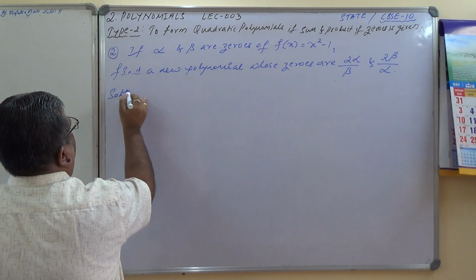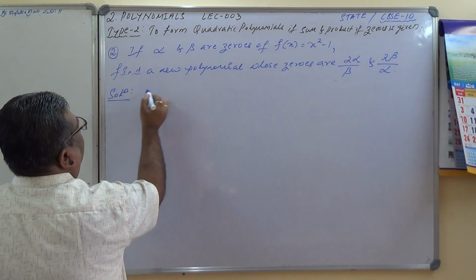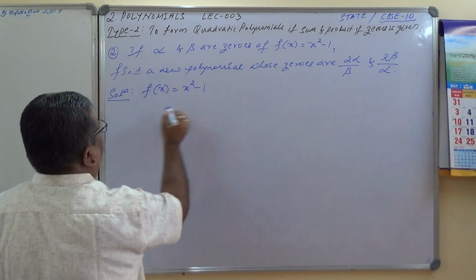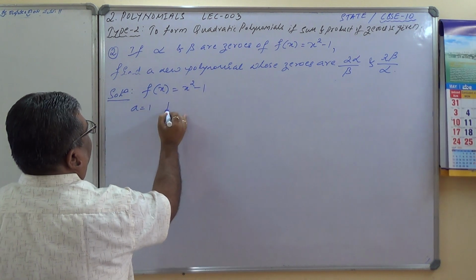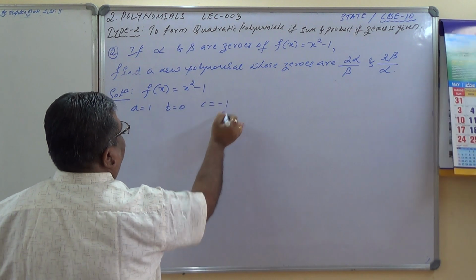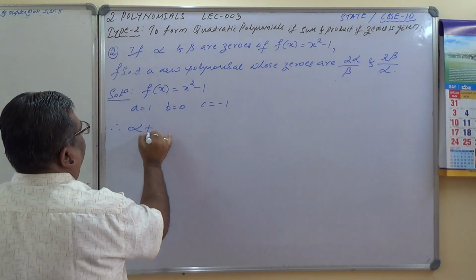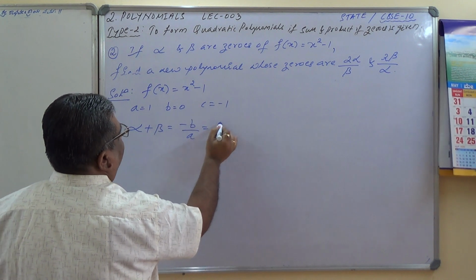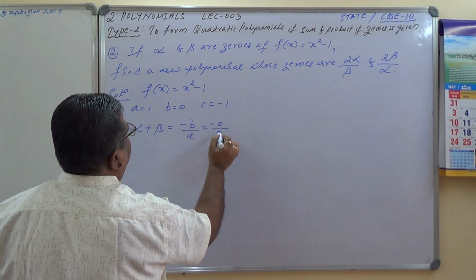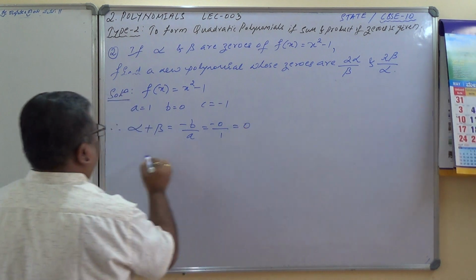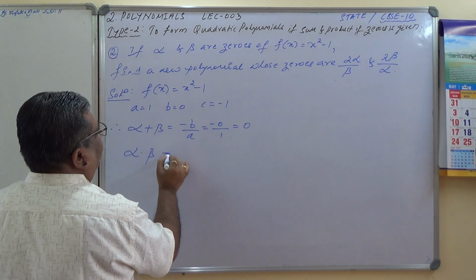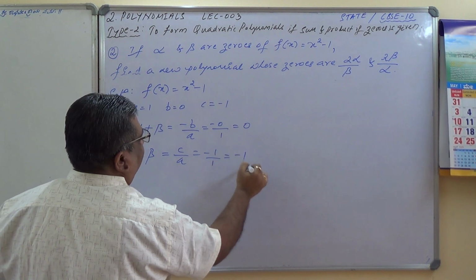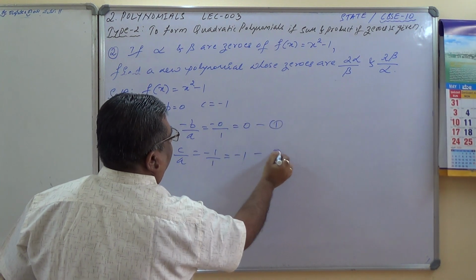Solution. F of x equals x square minus 1, a equals 1, b equals 0, c equals minus 1. Therefore alpha plus beta equals minus b by a, which is minus 0 by 1, which is 0. Alpha into beta equals c by a, minus 1 by 1, which is minus 1. Mark this as 1 and this as 2.